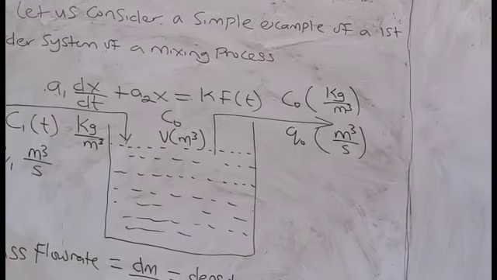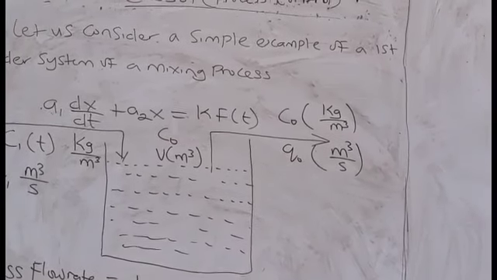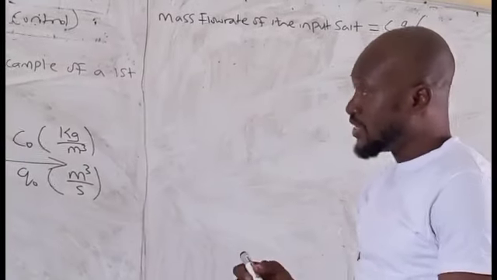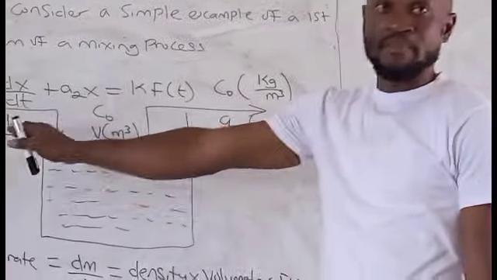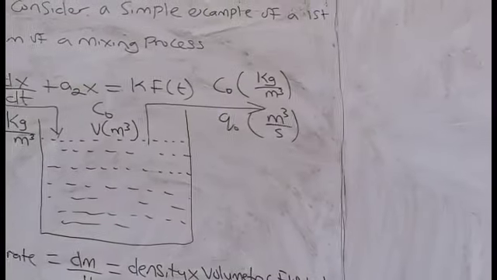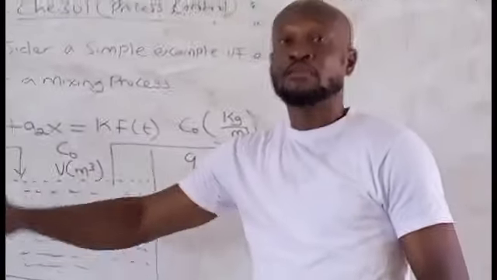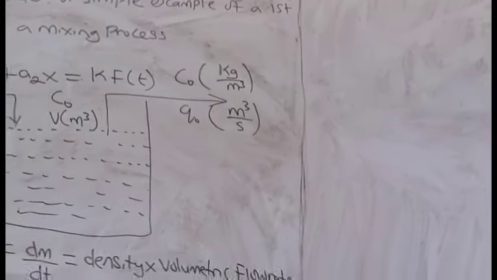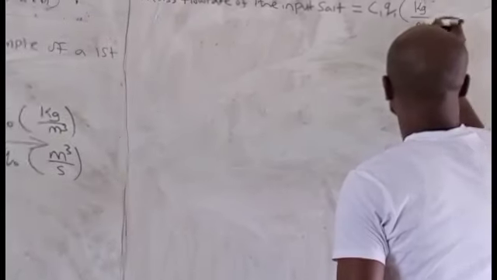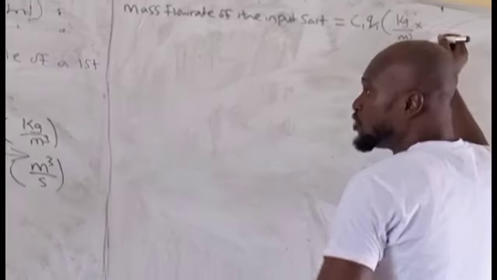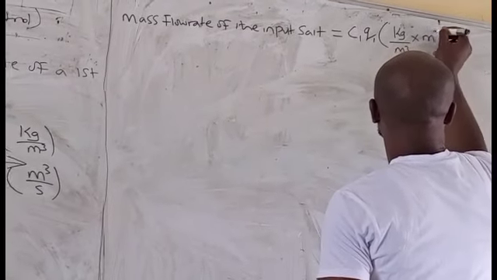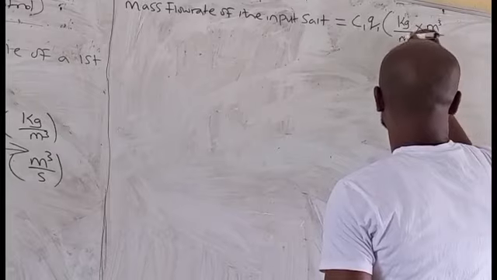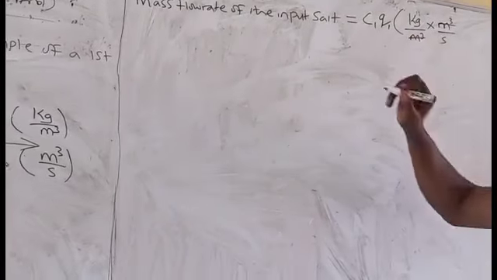And let's say now we want to know the unit of this mass flow rate. We can say the unit of the density is kilogram per meter cube. We multiply by the unit of volumetric flow rate, which is meter cube per second. So we have kilogram over meter cube times meter cube over second, so the meter cube will cancel each other.